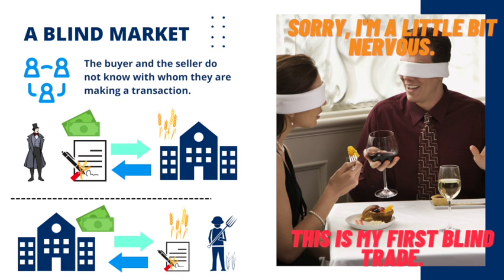Here, the buyer and the seller do not mutually commit to each other, since the futures market works as a blind market, similar to the stock exchange, in which the buyer and the seller do not know with whom they're making a transaction. Thus, in the futures market, the buyer takes a legal commitment with the clearinghouse, not with the seller, to receive the wheat and to pay for it at the price and on the agreed date.